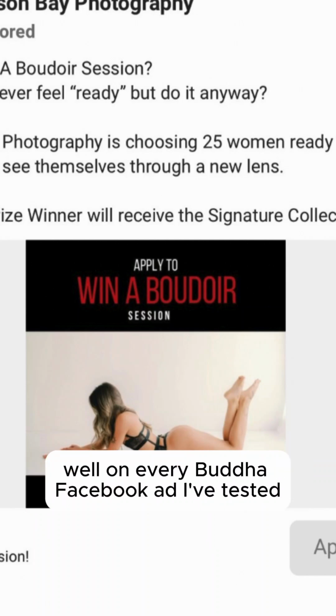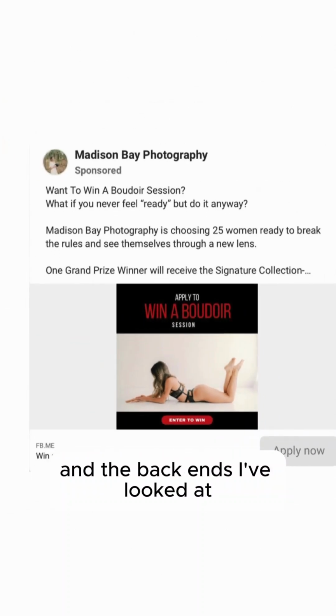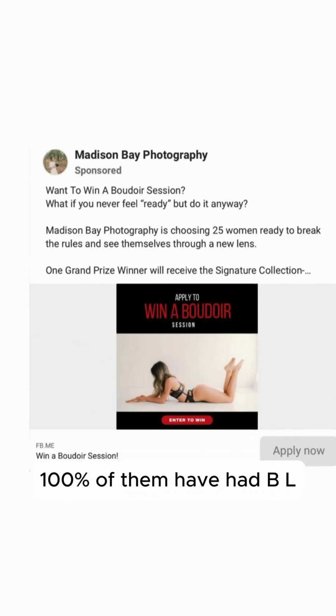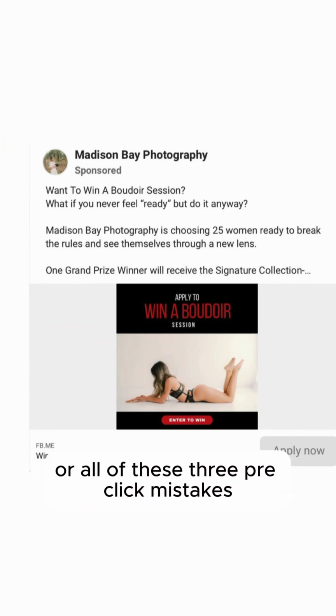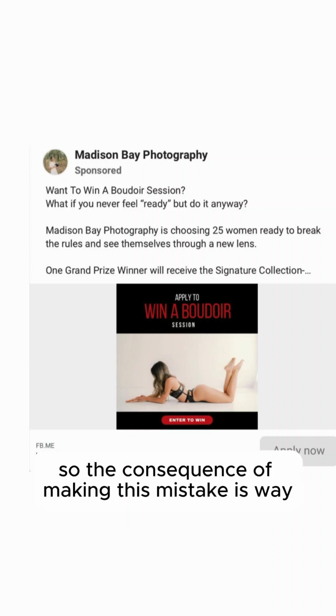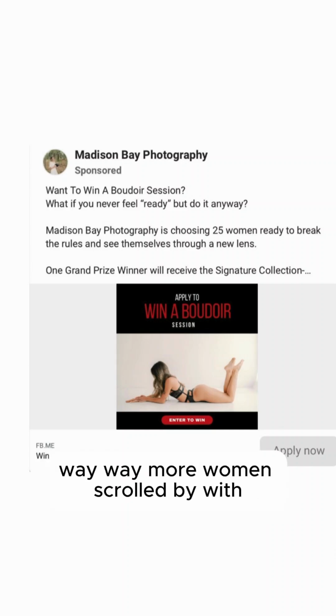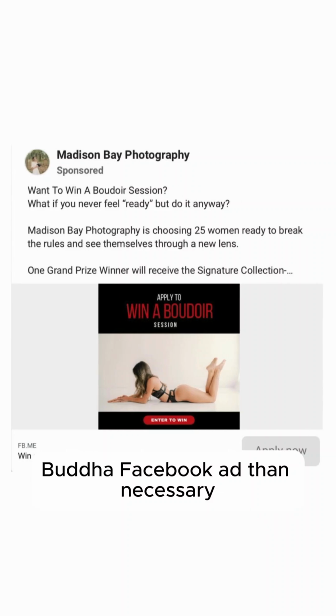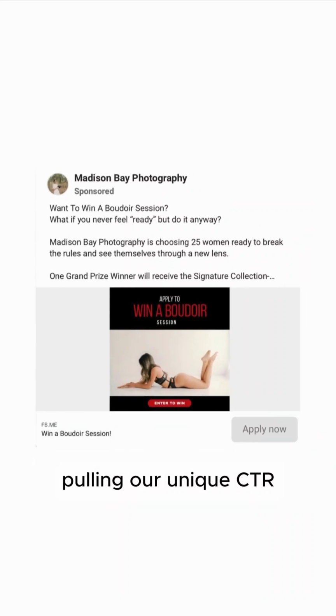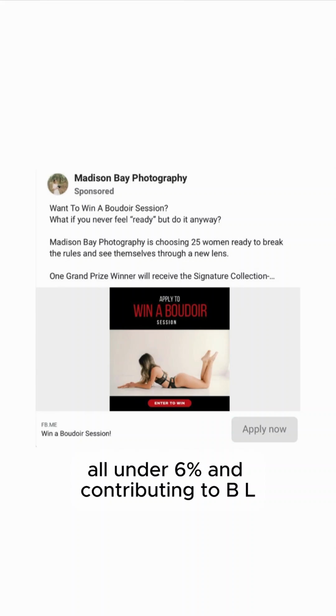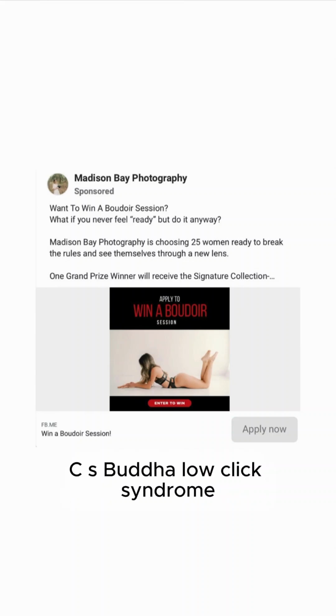Well, in every boudoir Facebook ad I've tested and the backends I've looked at, 100% of them have had BLCS, boudoir low click syndrome, because they're making some or all of these three pre-click mistakes. So the consequence of making this mistake is way more women scrolling by our boudoir Facebook ads than necessary, pulling our unique CTRL under 6% and contributing to BLCS, boudoir low click syndrome.